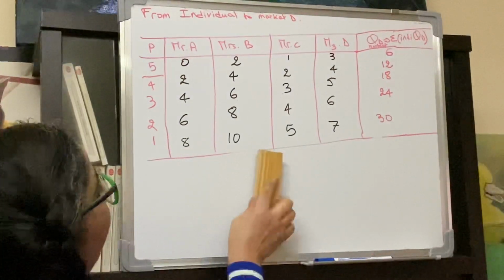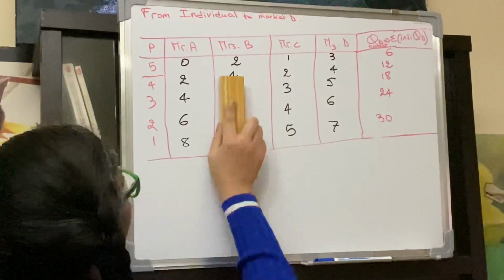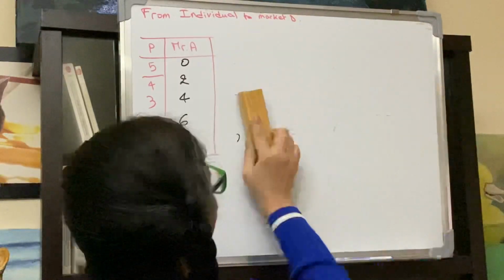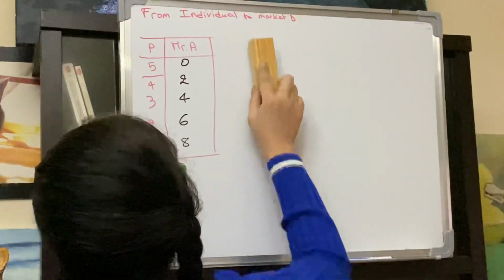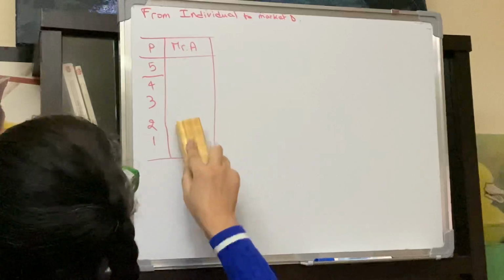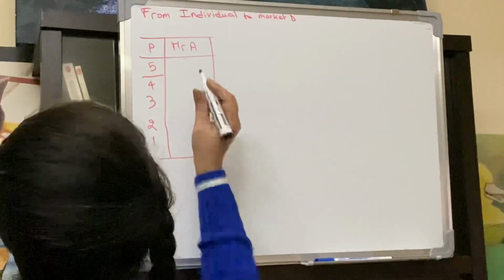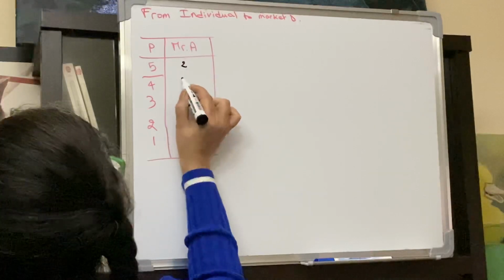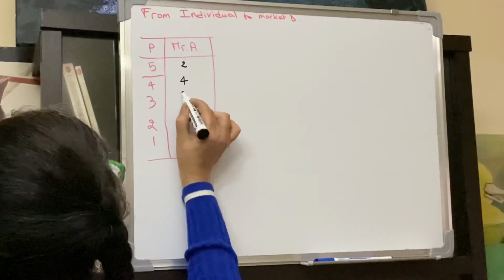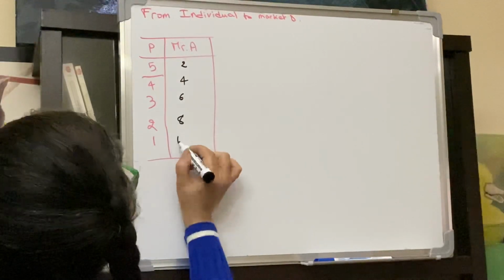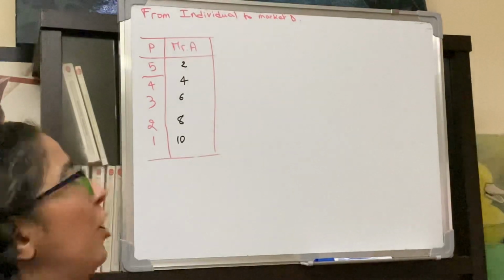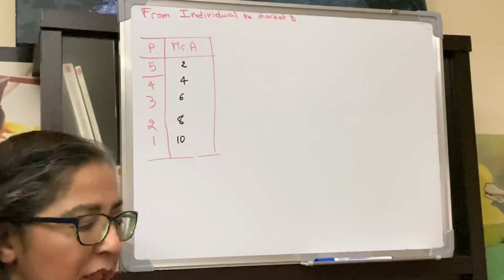What if I only have, here, I'm going to take 1, 2, 3, 4, 5. It's going to be easier to, okay, 2, 4, 6, 8, and 10. Okay, so that you see it.